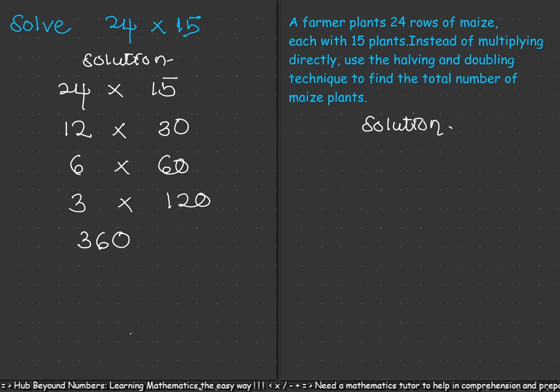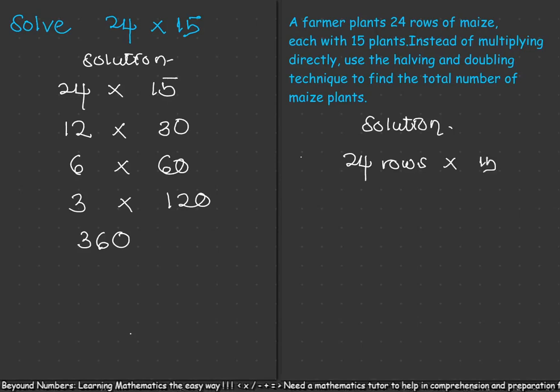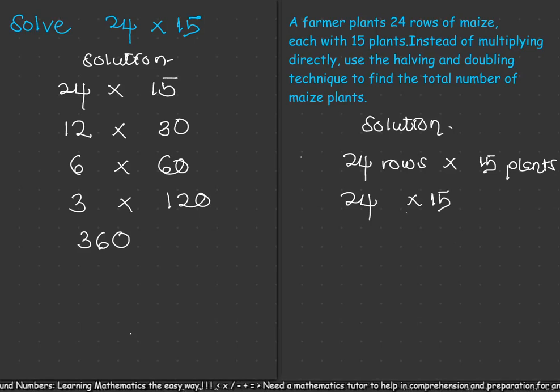So since we are talking of 24 rows, there are 24 rows 15 times. That is going to be 24 rows times your 15 plants. To make it clear, all we want to do is to multiply 24 by 15.